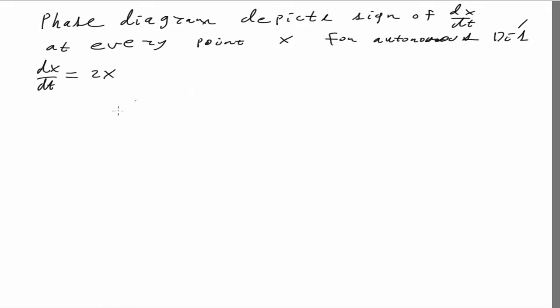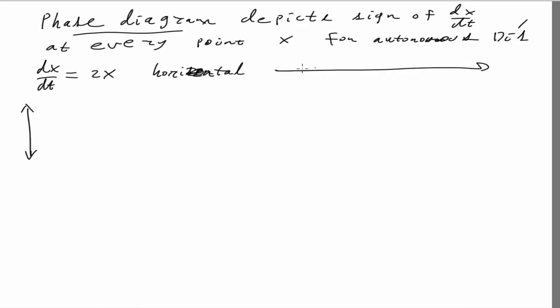In the slope field, we usually write our x on the vertical axis, but with phase diagrams, it's more common to go horizontal. So we'll do a horizontal phase diagram like that, and this will be the x domain. Because our differential equation doesn't have an explicit time dependence, all it is is a one-dimensional line.